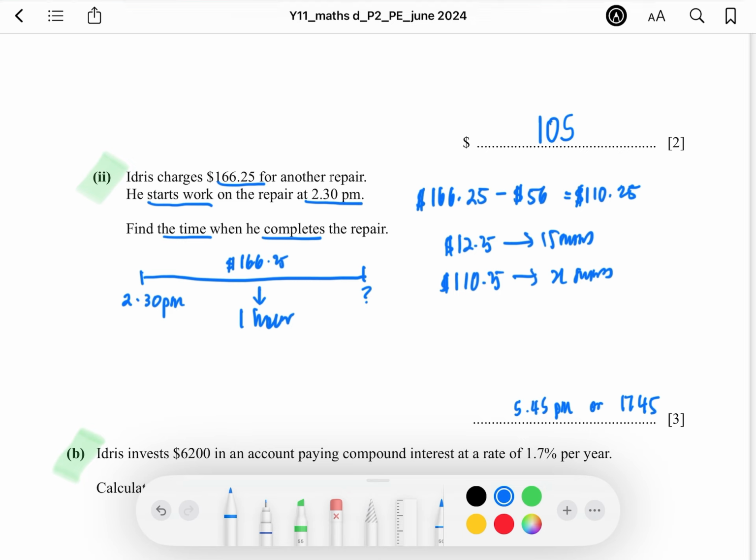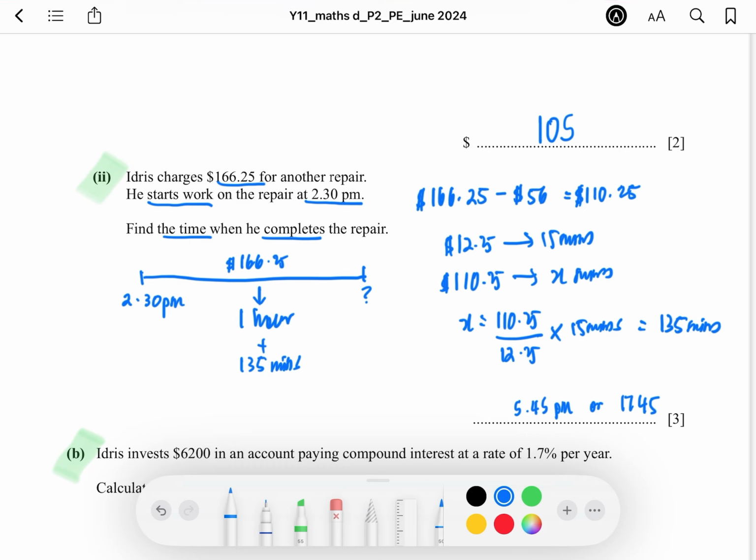So you can do your cross multiply or proportion. 15 minutes, use your calculator and you get 135 minutes. So plus 135 minutes, paper 2, so you can use your calculator.